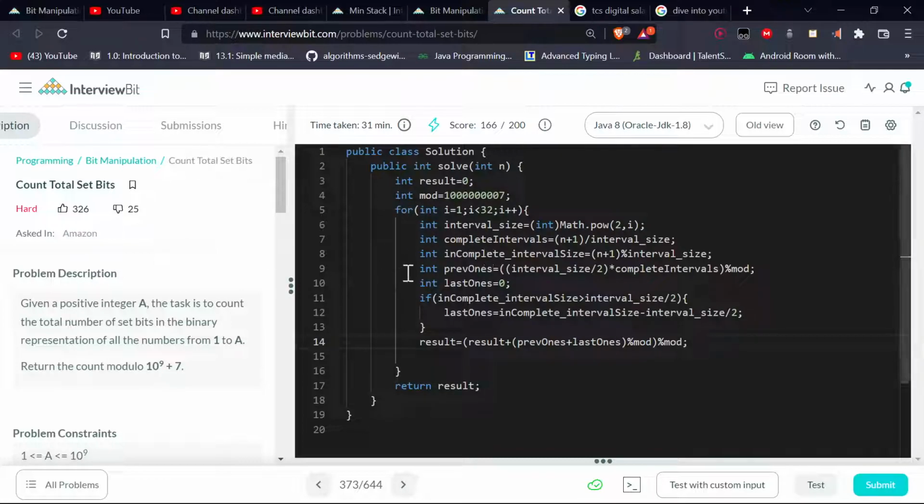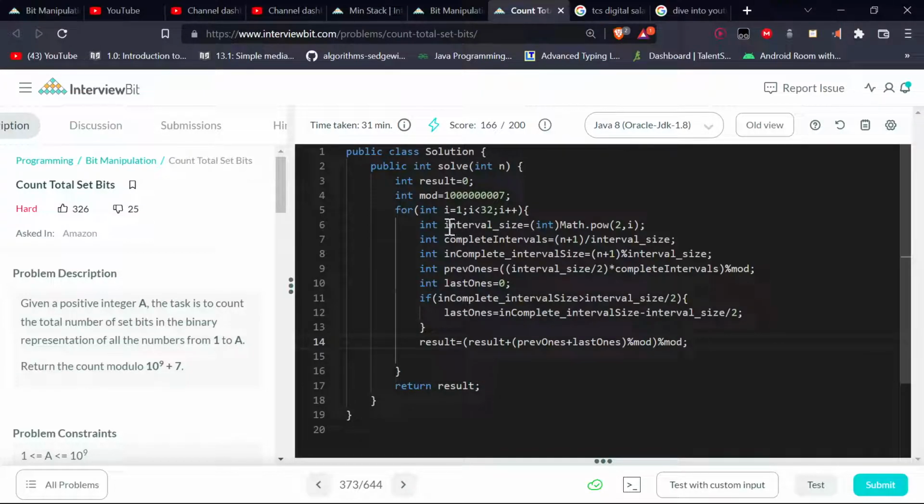Now what I'm doing is, i represents the position. I am going from the rightmost position to the leftmost position in the binary representations. For each position, I'm calculating the number of ones at that position and adding them to the result.